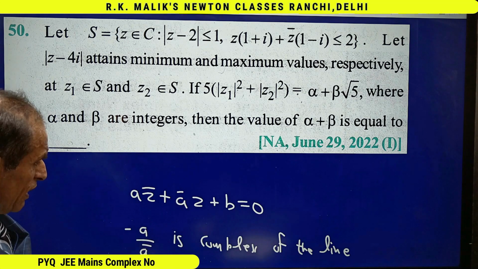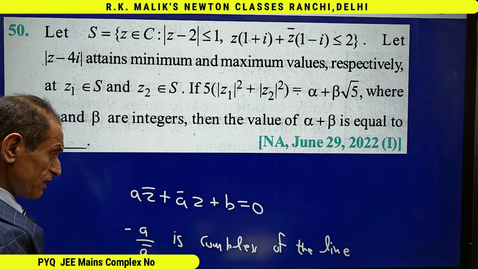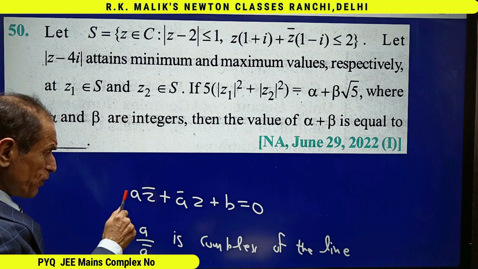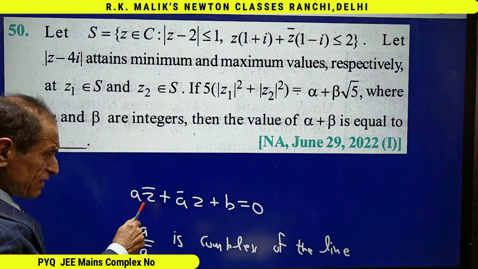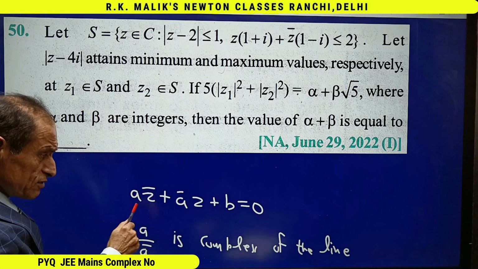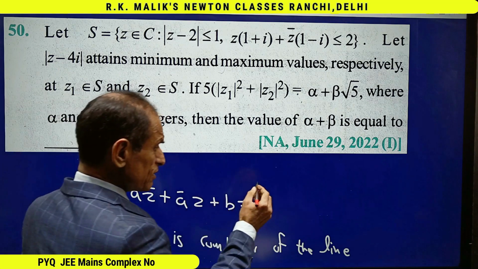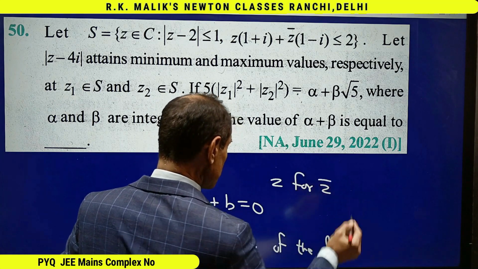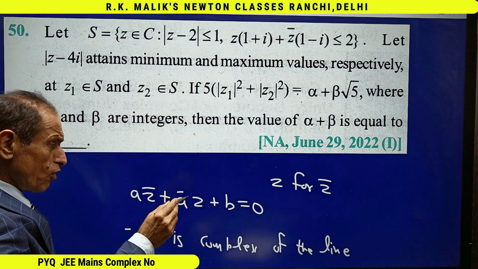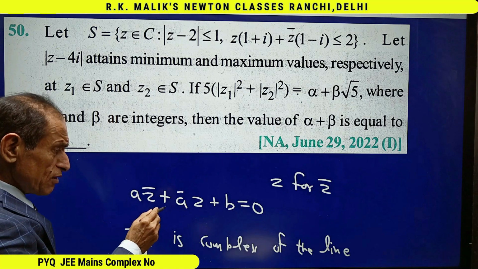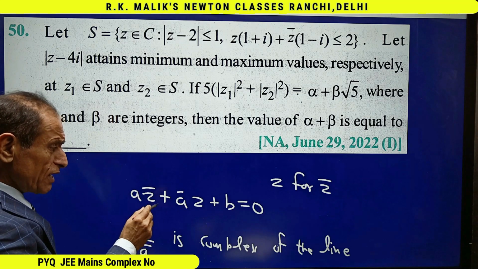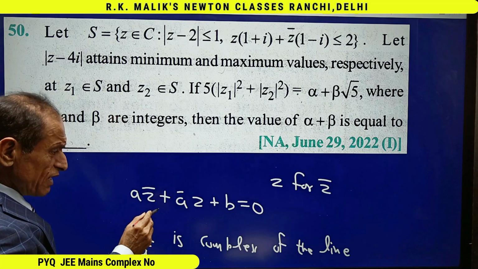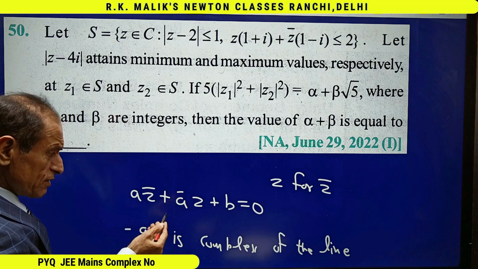Note it. And if you want to draw this line, to find the point where the line cuts the x-axis, or you can say the real axis, write z for z bar, and the value of z you will be getting will be the point where the line cuts the x-axis.